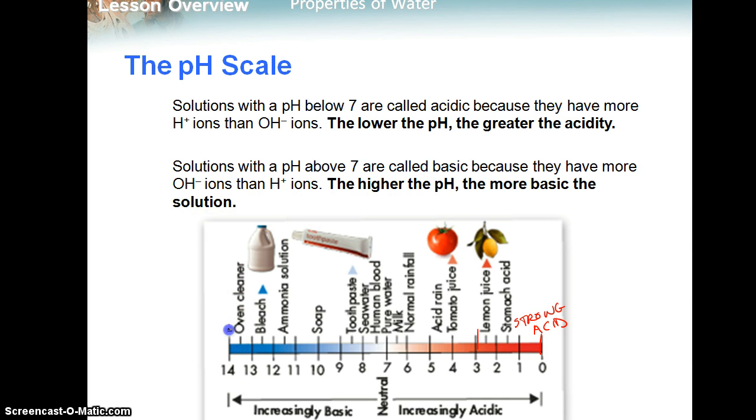Strong base is going to be between 11 and 14. So these would be strong bases. This means on strong acids, I have a lot of hydrogen ions, and strong bases means I have a lot of hydroxide ions, high number of hydroxide ions.